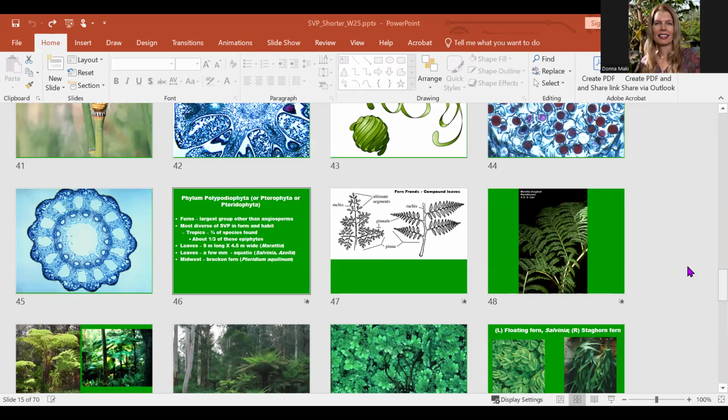The bryophytes and the seedless vascular plants release spores as their unit of dispersal, but gymnos and angios release the seed. This slide is pretty important to think about, and then use it as a comparison for what's going on with the gymnosperms and the angiosperms.